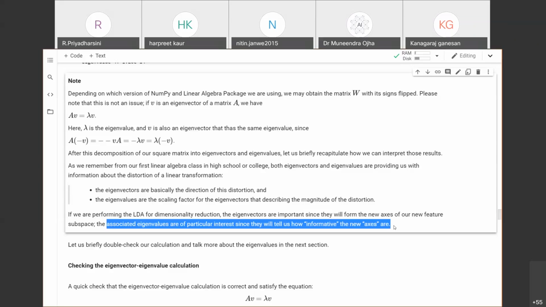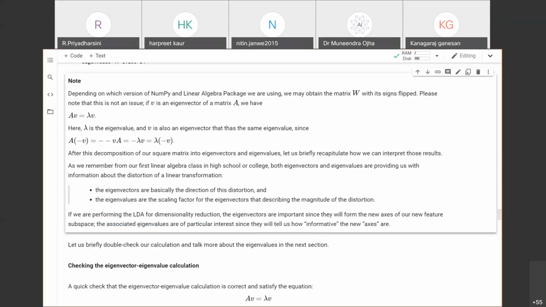So for any axis, the eigenvalue of that axis will tell us how informative that axis is. If the eigenvalue is larger, the axis is more informative. If the eigenvalue is smaller, the axis is less informative. And what do we mean by axis? Axis is the direction of the transformation, the distortion that we are performing on our original data matrix.